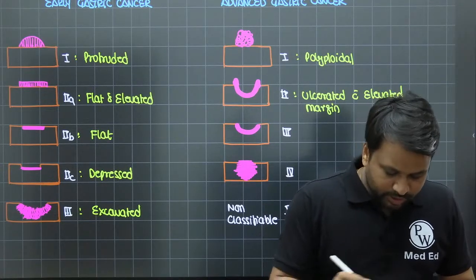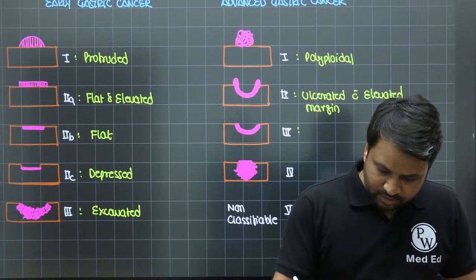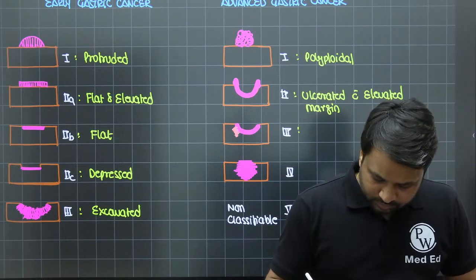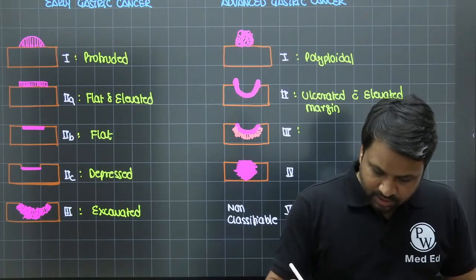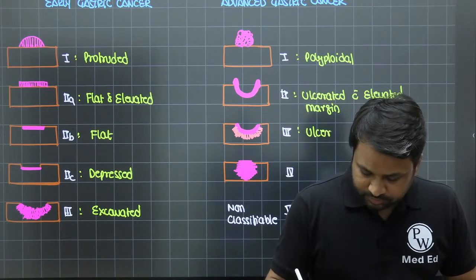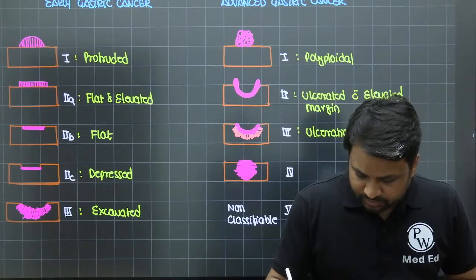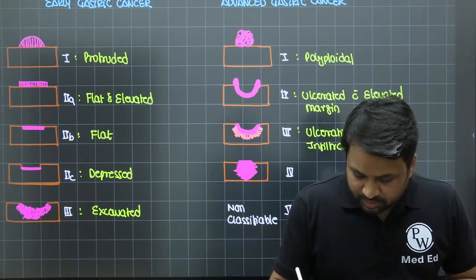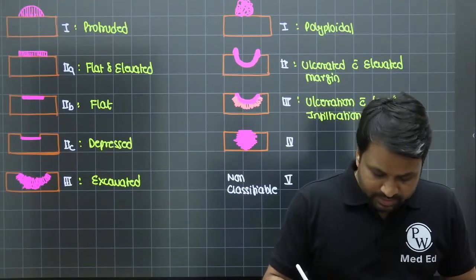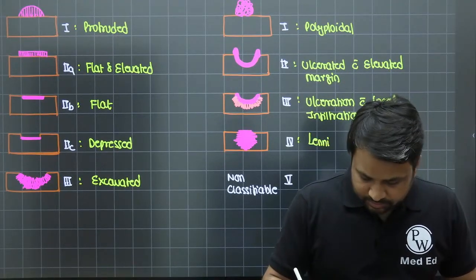Type 3 is going to be ulceration with local infiltration. And one that involves the entire circumference and the thickness, it is what we call the linitis plastica.